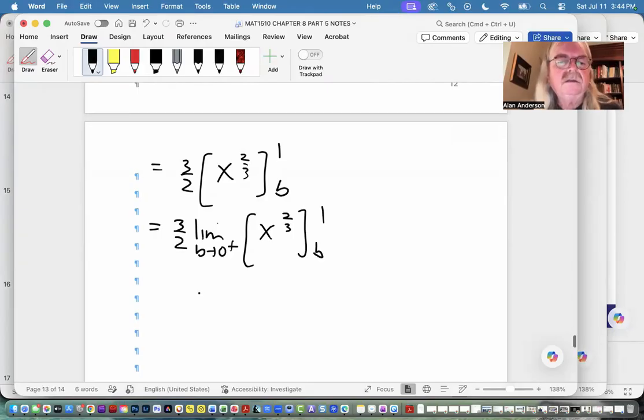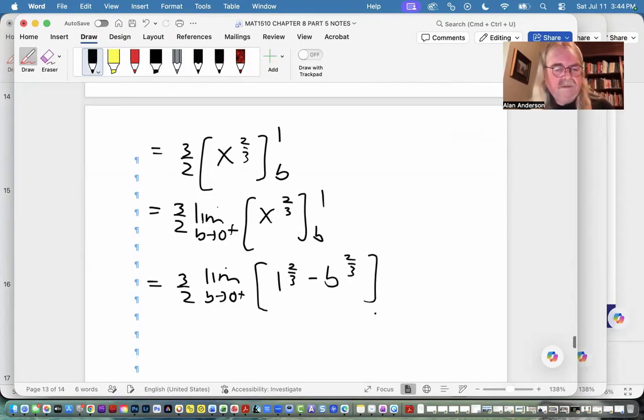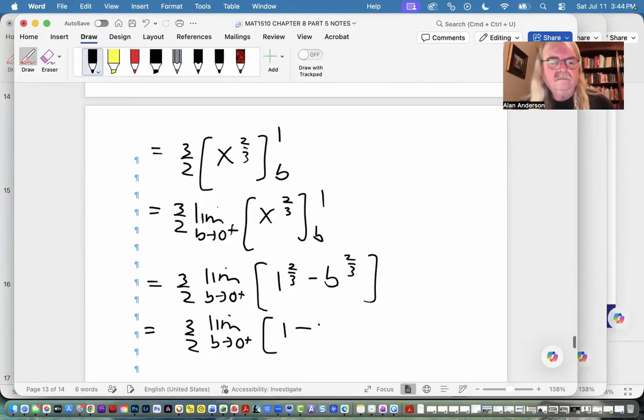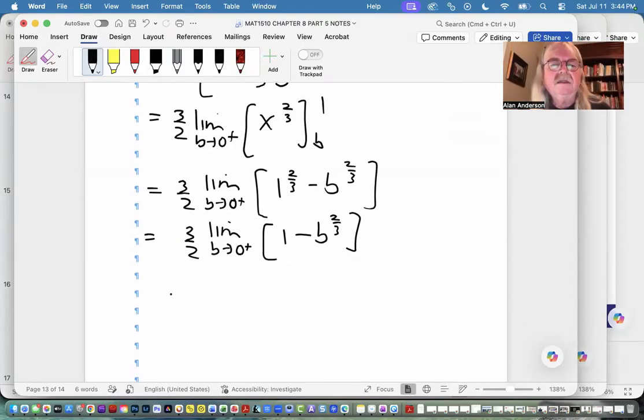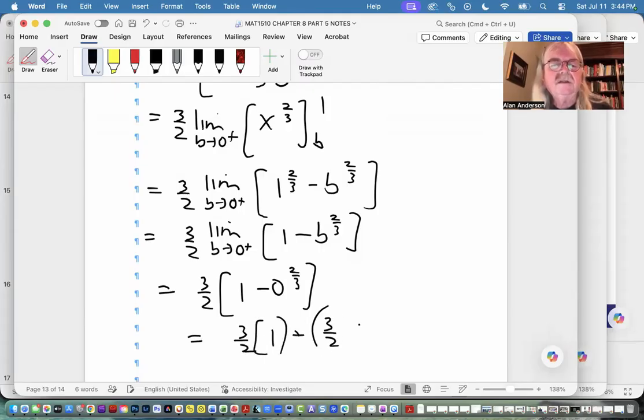All right, let's try this. Now, of course, if we substitute a zero for b, we'll just end up with 3/2 times 1, which is 3/2.